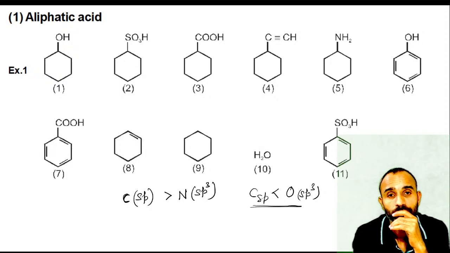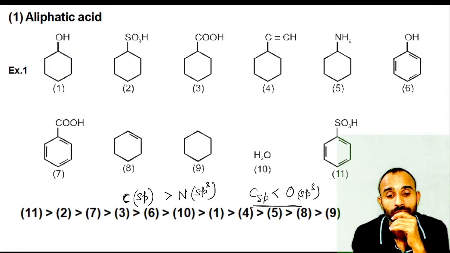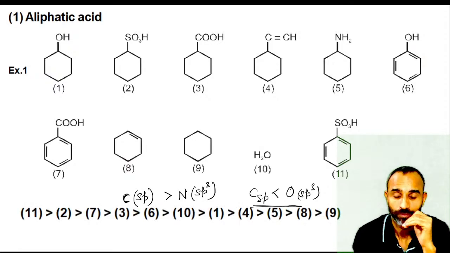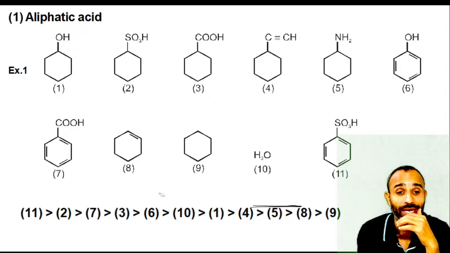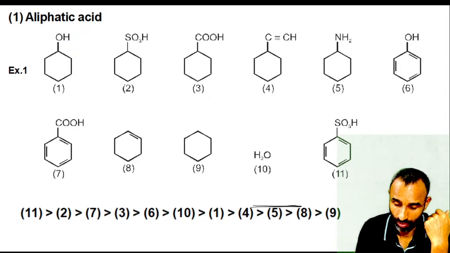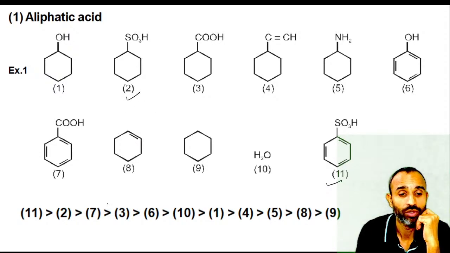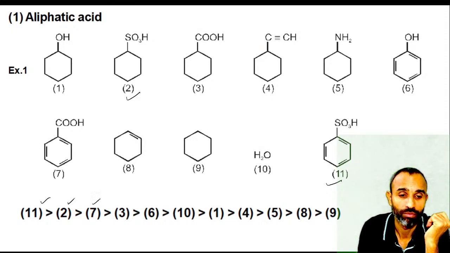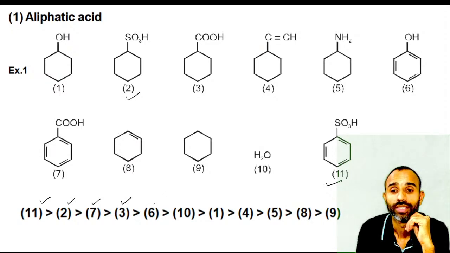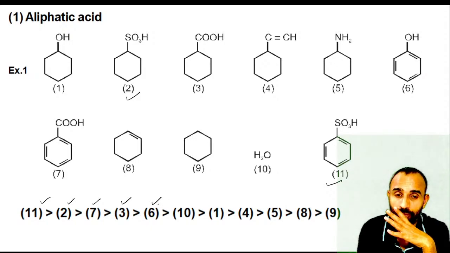So see the order. 11, that you have already predicted. 11 to 7. 7 is benzoic acid, then it is 3, carboxylic acid, then it is phenol, then it is water, and then 1.